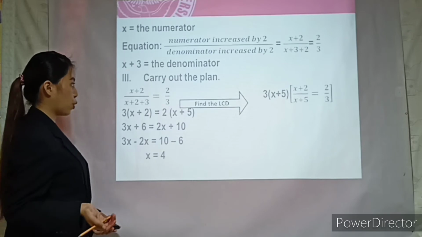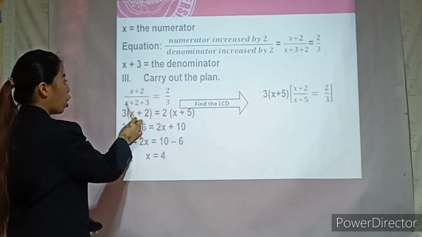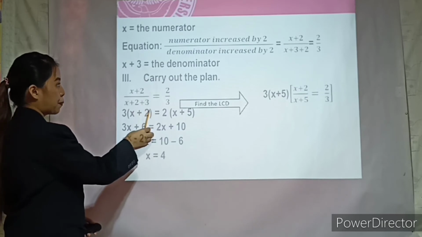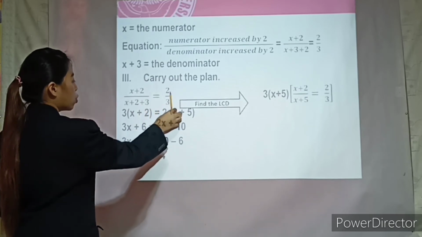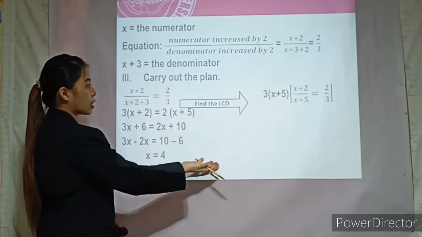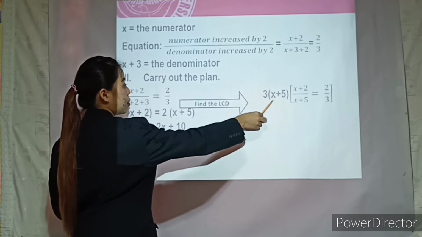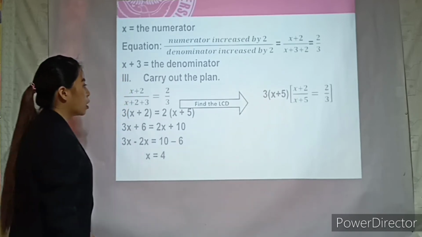Now let us check the result. The equation is x plus 2 over x plus 2 plus 3 equals 2 over 3. So let's find the LCD. The LCD is 3 times x plus 5.